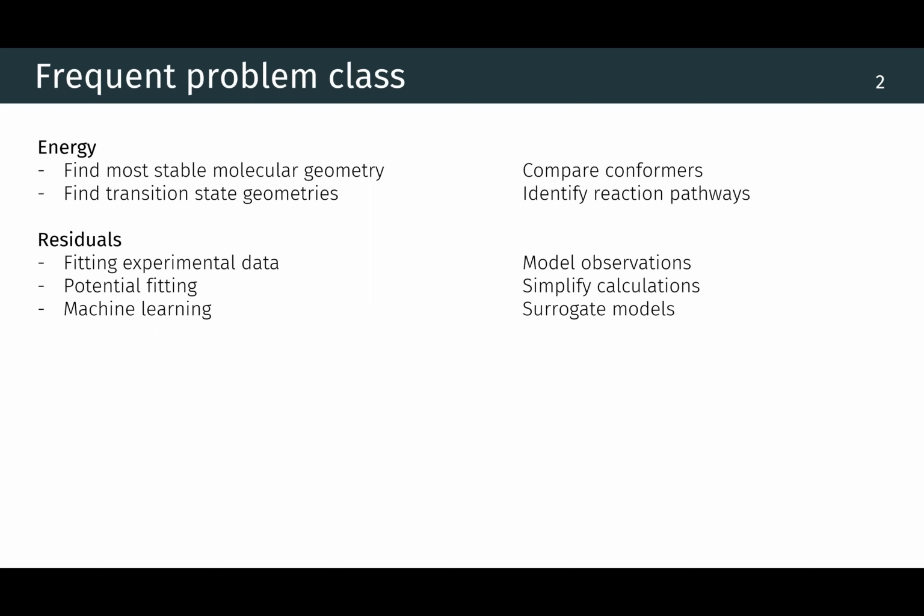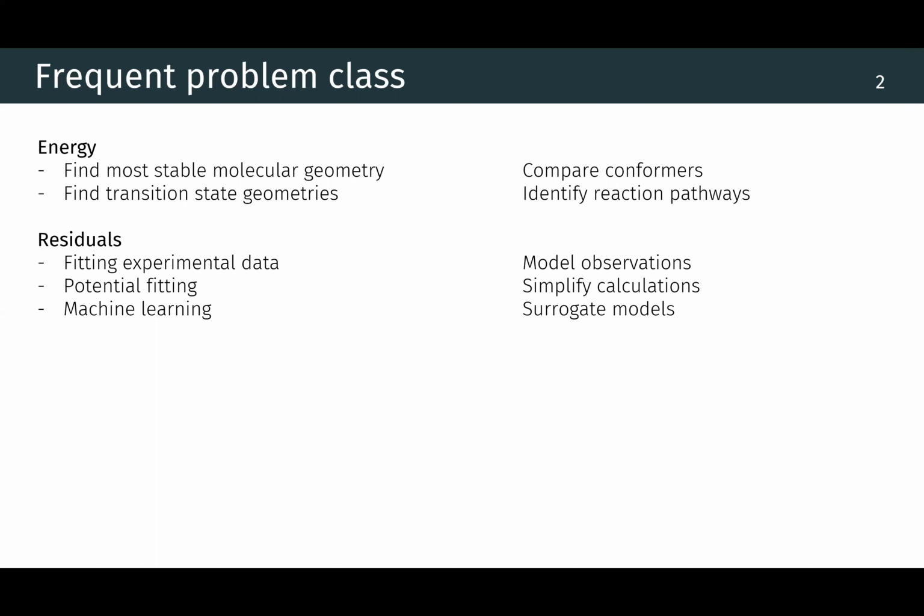The one is energies. Think of molecular geometry, and you would like to know what's the most stable molecular geometry for a given molecule. Then one thing you need to do is optimize that geometry. You can draw it, you can build it in 3D in the computer, but in any case you still need to find the minimum geometry, for example, to calculate vibration spectra or anything like that.